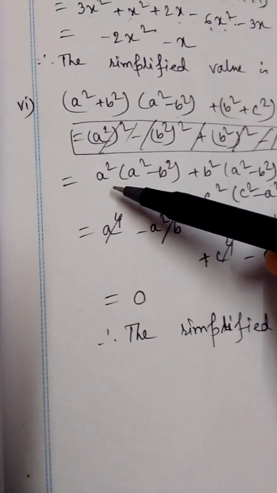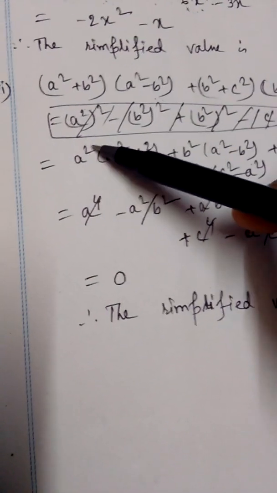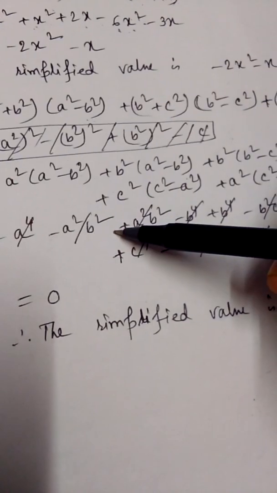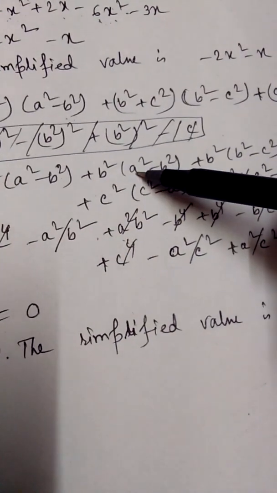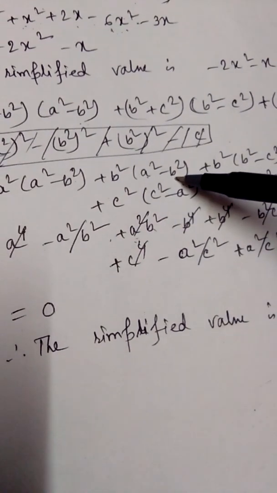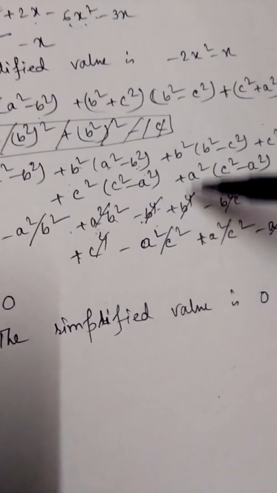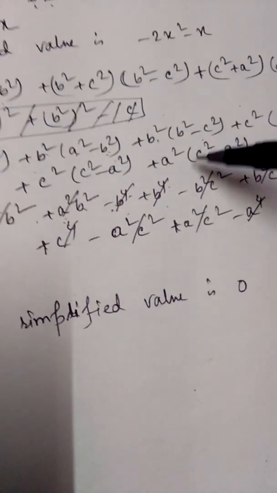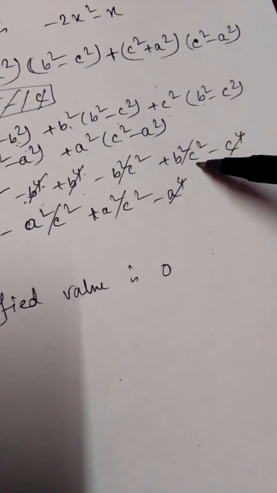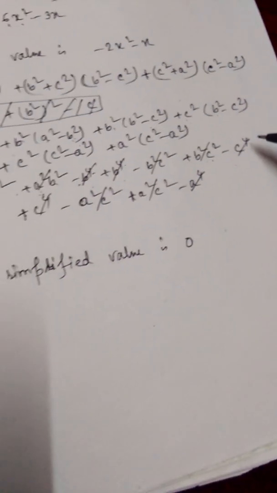Then after multiplication we get a square into a square, that is a to the power 4, minus a square into b square, that is a square b square, plus b square into a square is a square b square, plus b square minus b square, that is minus b square into b square, that is b to the power 4. Similarly plus b to the power 4, minus b square c square, plus c square b square, that is b square c square, plus c square minus c square, that is minus c to the power 4.